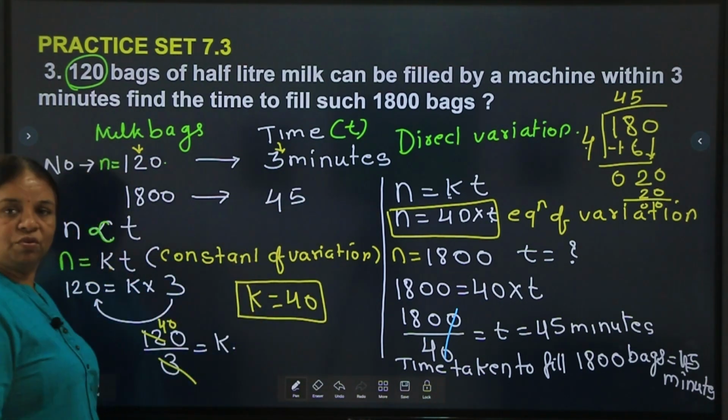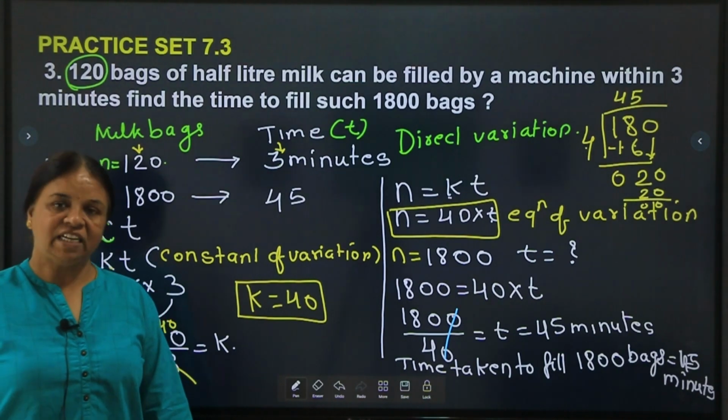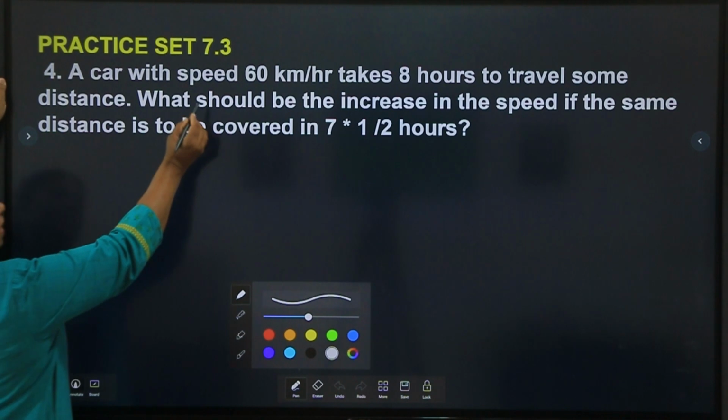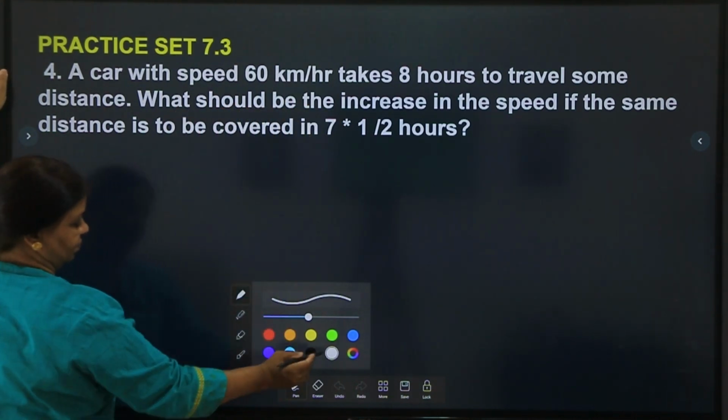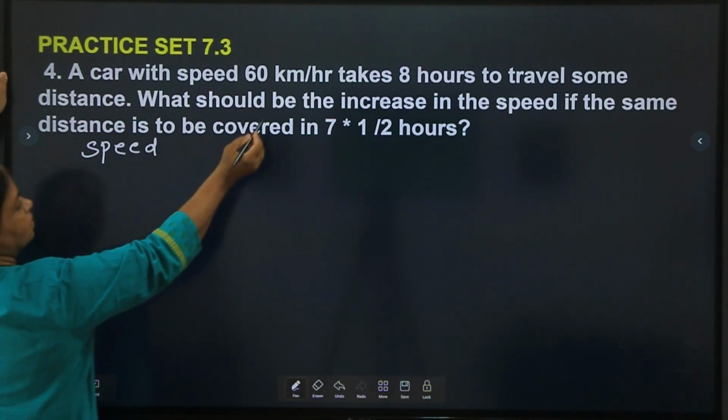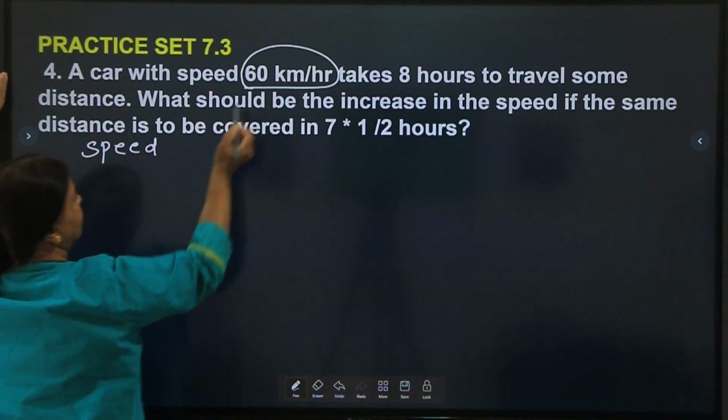You can pause and you can solve the sum, children. Let's move to the last question. A car is with a speed, the speed is 60 km per hour.